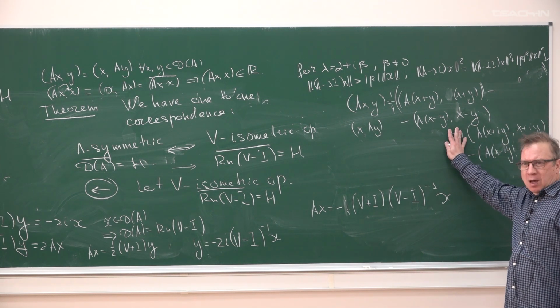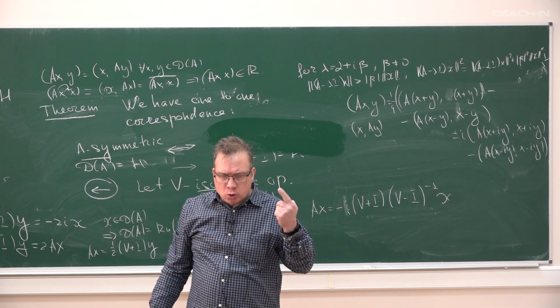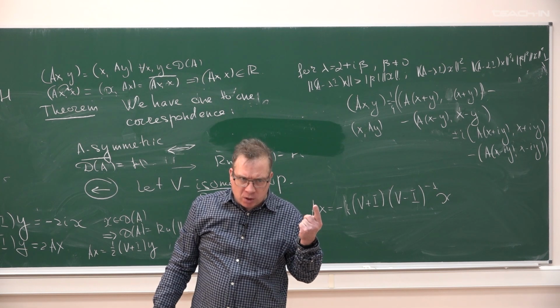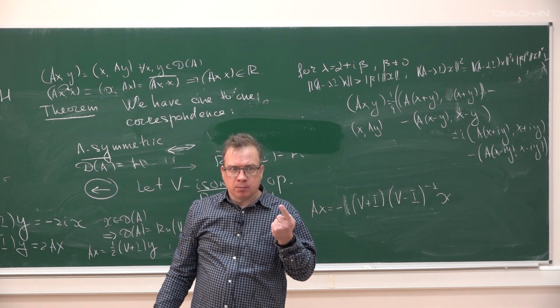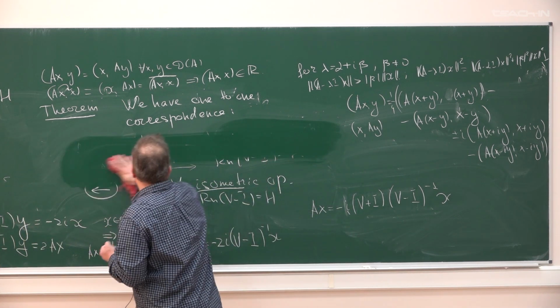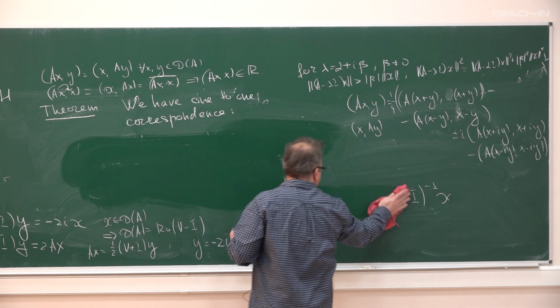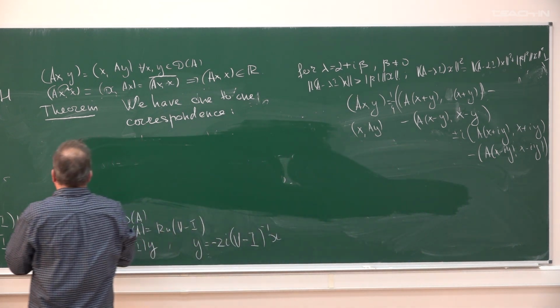So this is up to you as an exercise, yes? The main idea to show that the operator is symmetric is that it is sufficient to show that the quadratic form is real valued. Okay, let's try to do it.